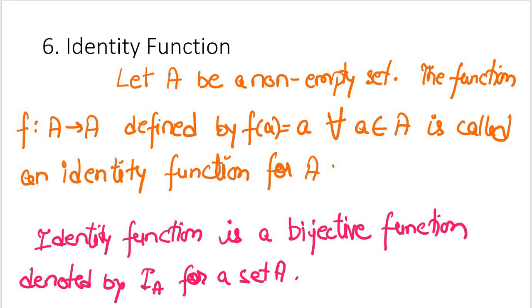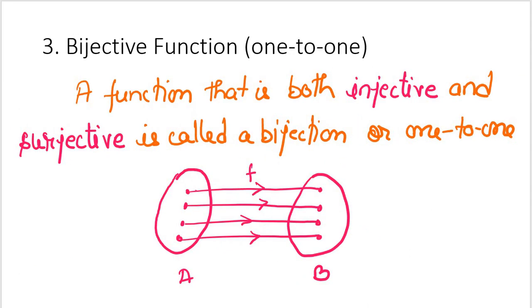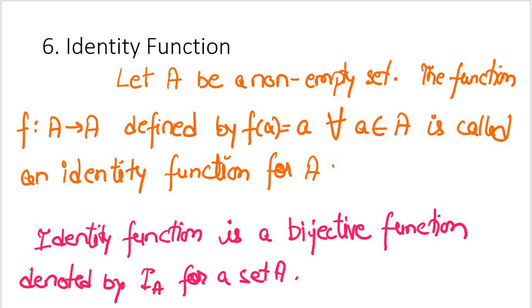So I am doing f of a equals a for every a existing in A. So it will be bijective. The reason being, every element in A will be mapped to an element in A. That's why it is an identity function.